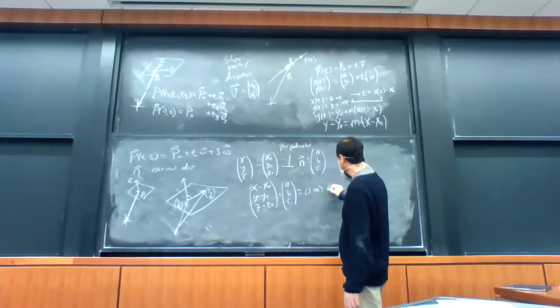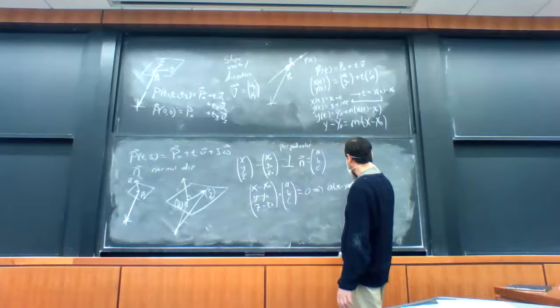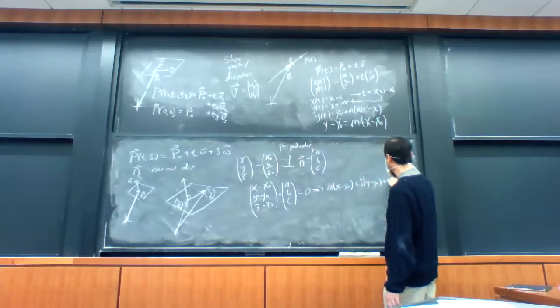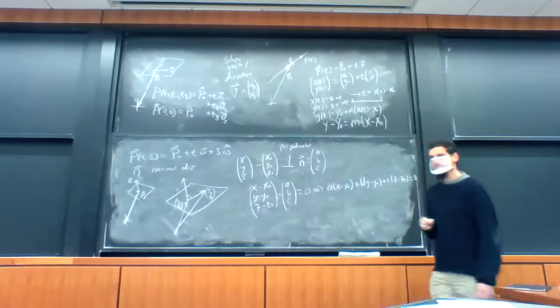So if you spin it, it's a(x minus x naught) plus b(y minus y naught) plus c(z minus z naught) equals 0.